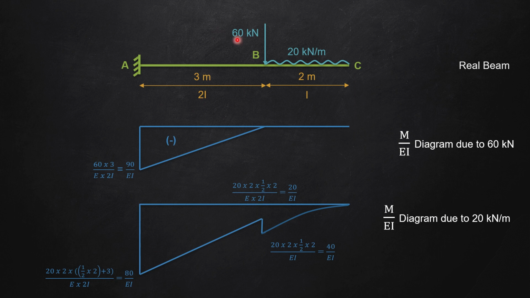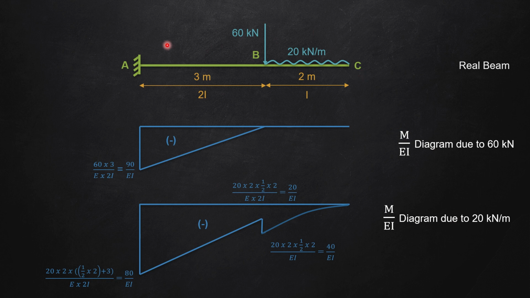And since all of these are right of section clockwise moments, again this diagram is negative, because it's a hogging bending moment. This is negative.